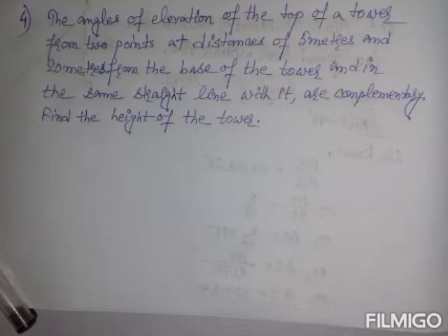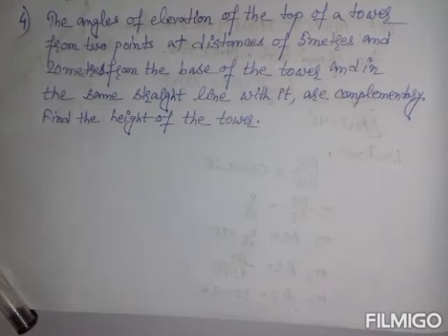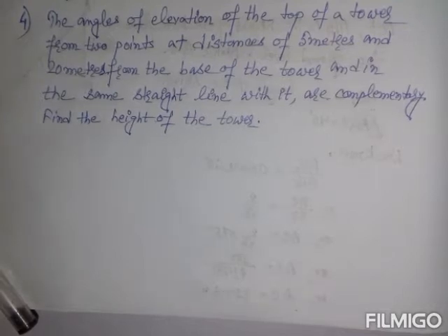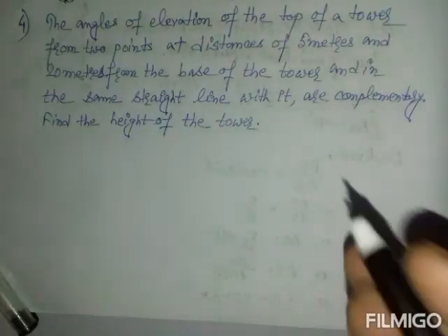These are complementary means if one is 30 degree, another is 60 degree, means theta and 90 degree minus theta. Find the height of the tower. Complementary means when the sum of the angles is 90 degree, then both of them are called complementary to each other.